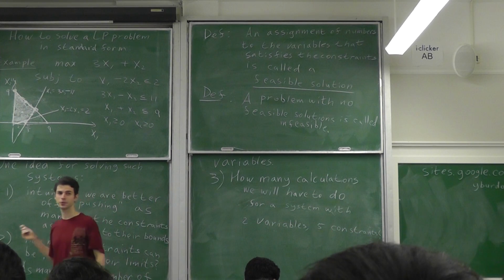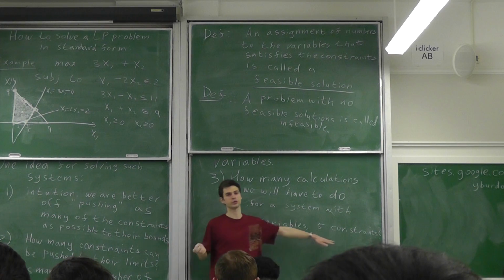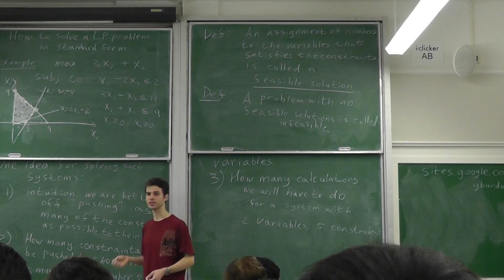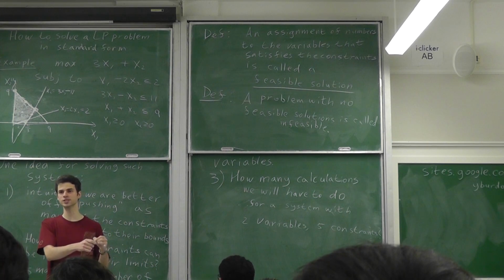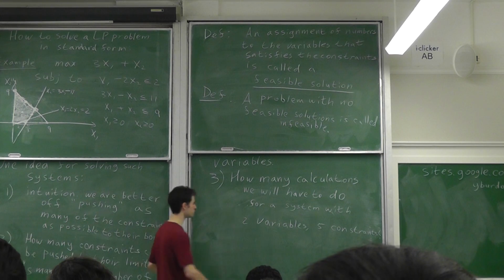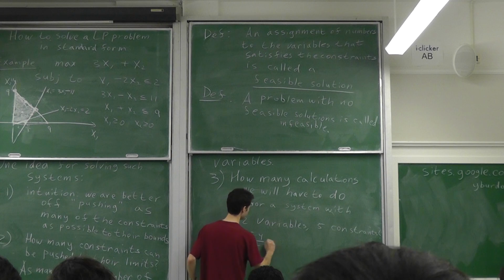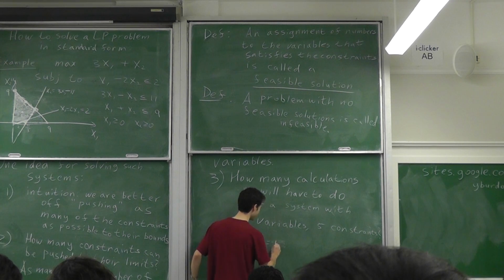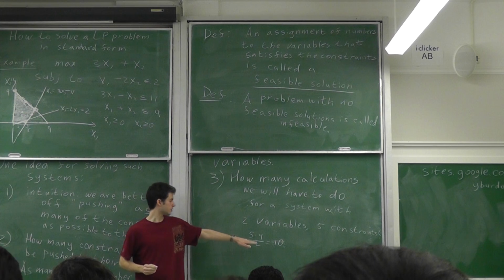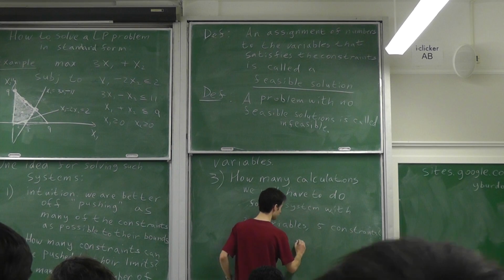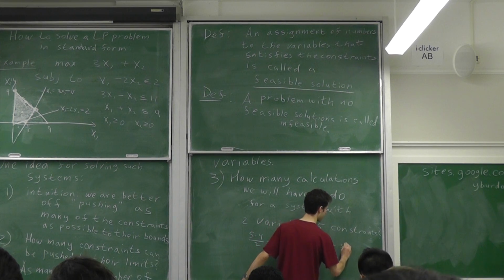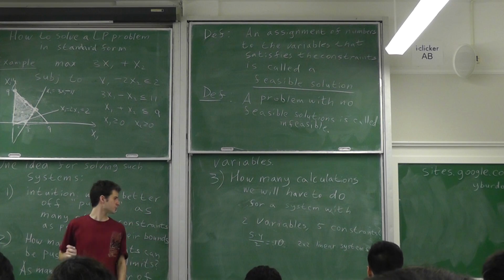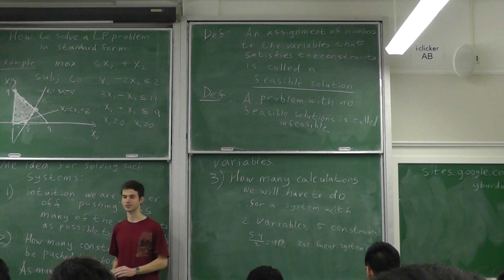Like in our case, we'll have to choose 2 constraints out of 5. The number of choices is, we choose the first constraint out of 5, we choose the second constraint out of 4 remaining ones, and it doesn't matter in what order we chose. So 5 times 4 divided by 2, which is 10. 10 linear systems, 2 by 2. So using this method, we'll have to solve 10 2x2 linear systems.